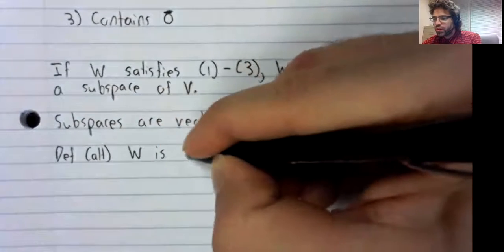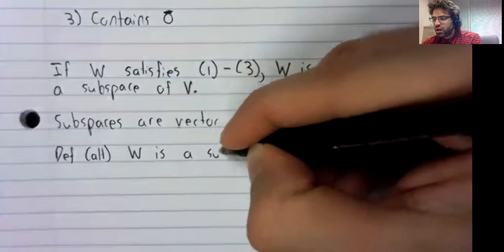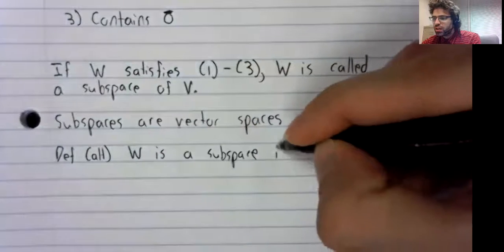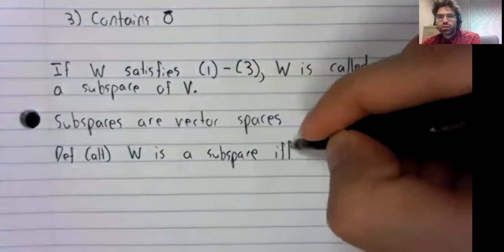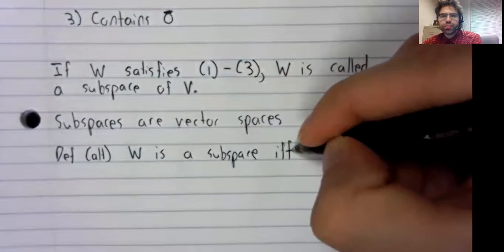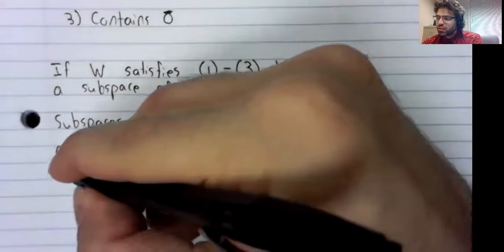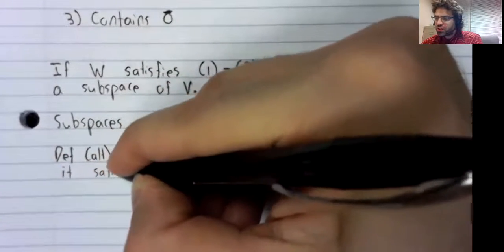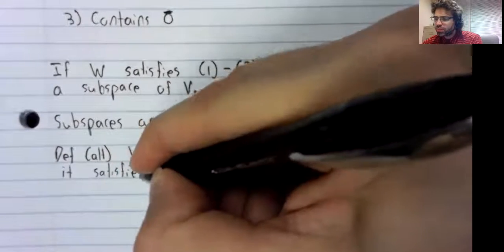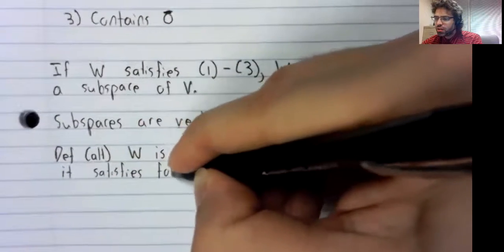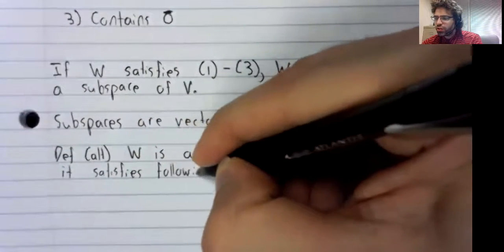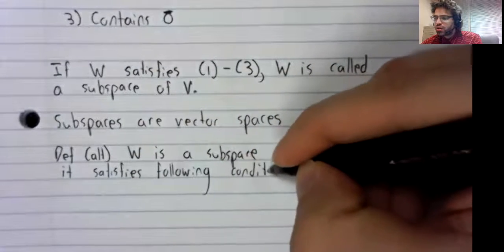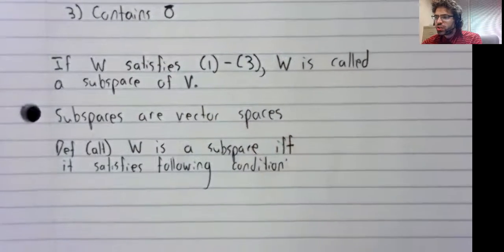W is a subspace if and only if it satisfies the following condition.